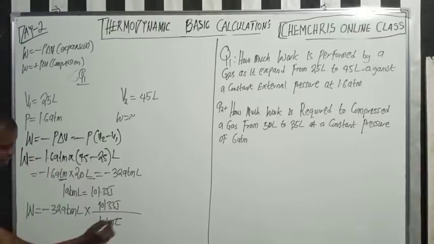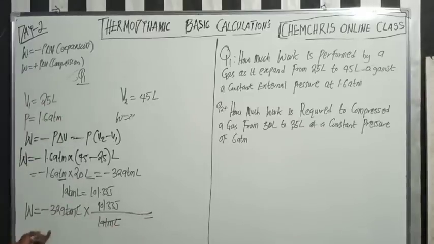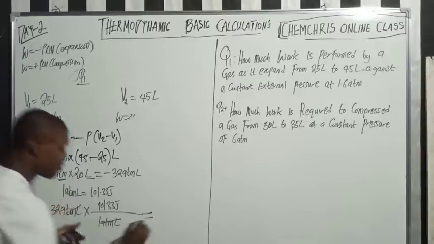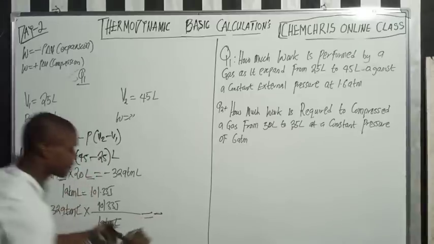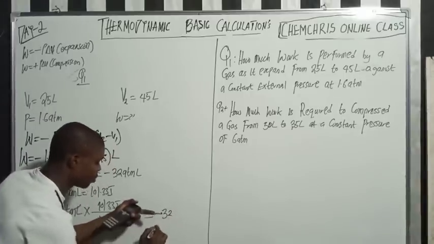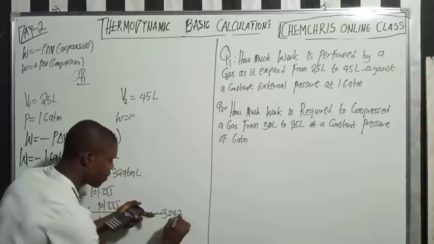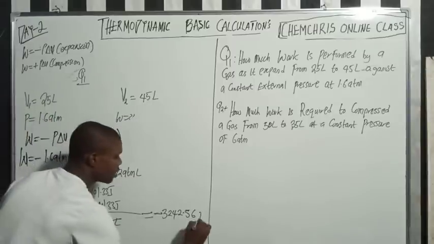The atm liter cancels out. So we have 32 times 101.33. Remember, there's a minus sign here. Minus 3242.56, now in joules.